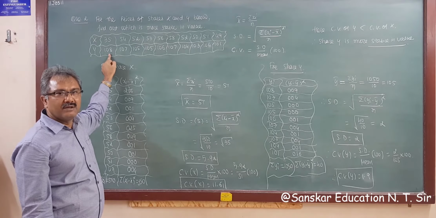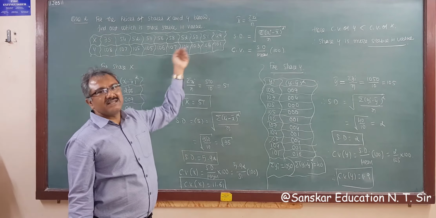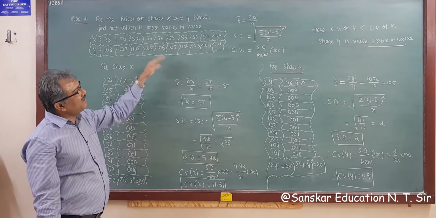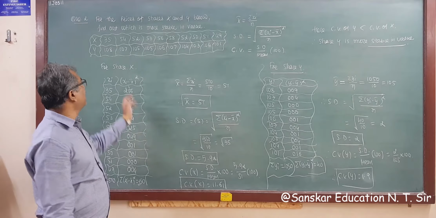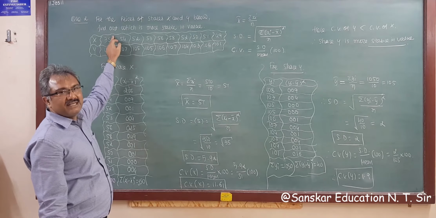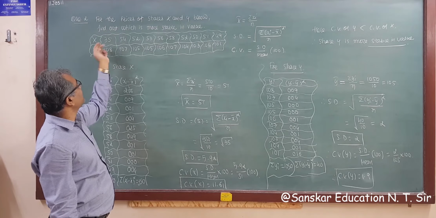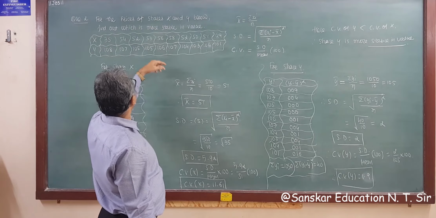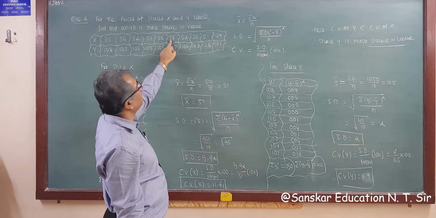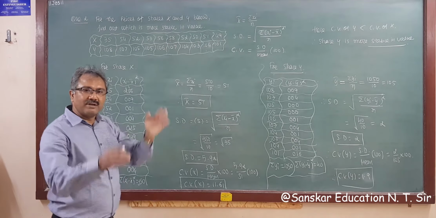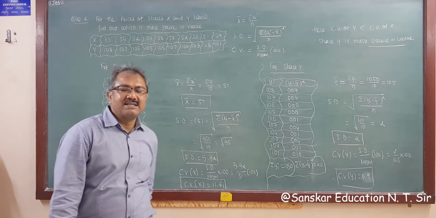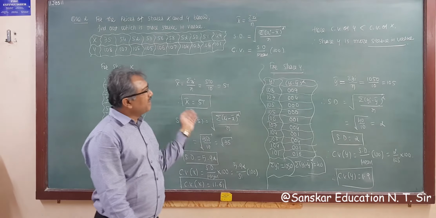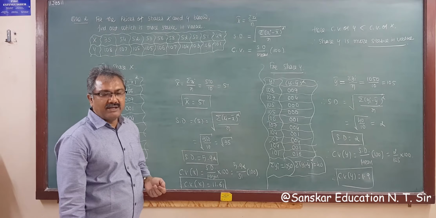You can see here, right? So here variation is less. So you can examine by observing data also sometimes that this is more stable than this, because there is more deviation here. 35 is the smallest and 58 is the greatest. So here set y is more stable in value.